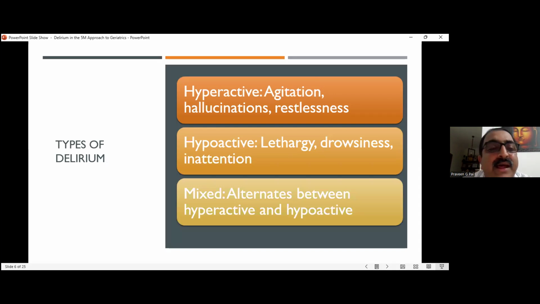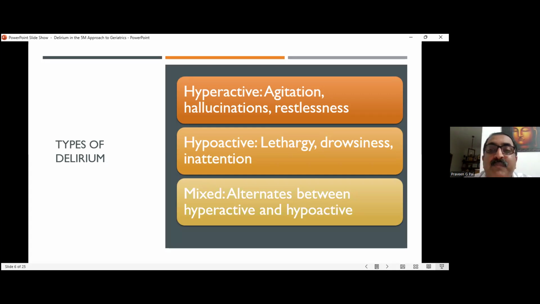So we have basically three types of delirium. It may be hyperactive, meaning the person will be very agitated. Agitated in the sense he may be abusive, he may be restless, he may be staring at you. Somebody who is physically very active can be very abusive, physically also.